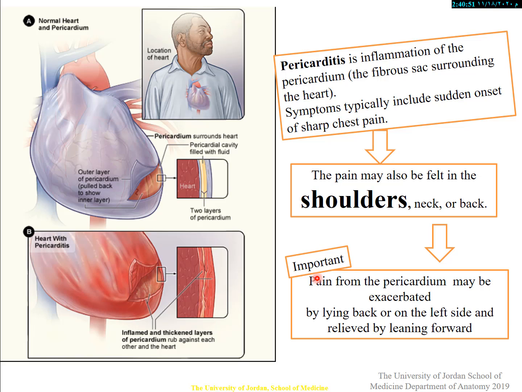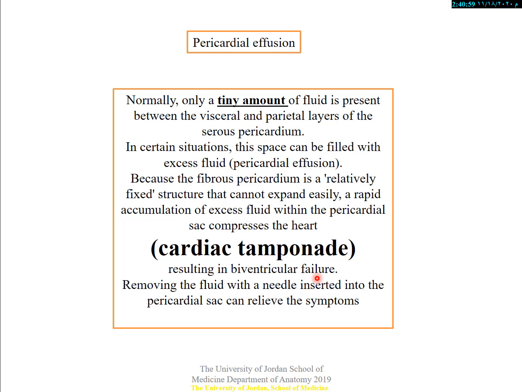So from all these slides, I summarized to you what really matters for the exam as well. Now sometimes we do have pericardial effusion. Normally only a tiny amount of fluid is present between the visceral and parietal layers of the serous pericardium.